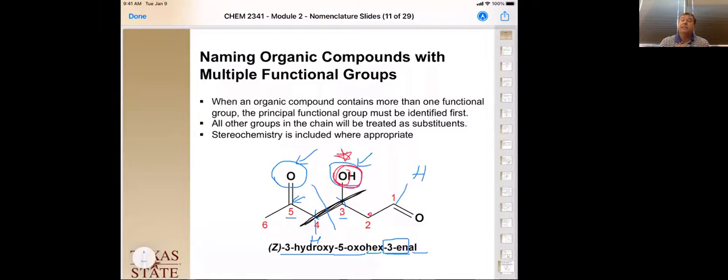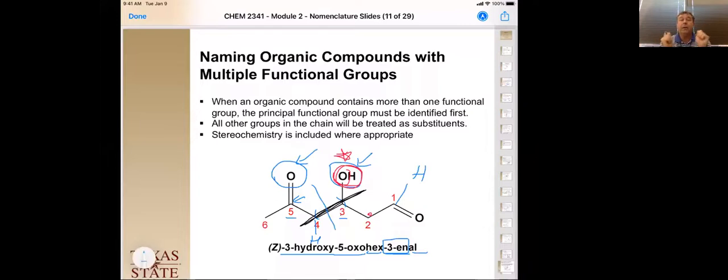So they're on the same side, which gives us (Z)-3-hydroxy-5-oxohex-3-enal. So now you have all the tools in order to name any compound possible.